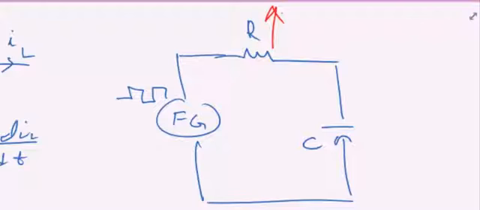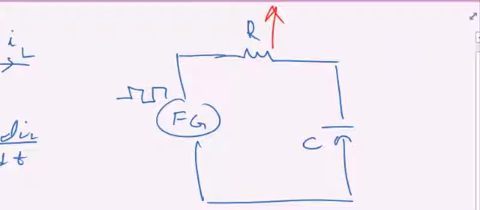Depending on whether we give time to the capacitor to charge or discharge, you're going to see different graphs. For example, if I feed a high frequency signal to the circuit, the capacitor doesn't have time to reach there. So what happens? You're going to see something like this.